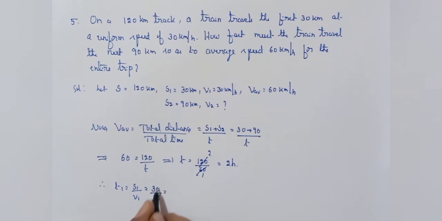So the T1 is 1 hour. Now find out the T2. If you subtract the T1 from the total time, that gives the T2. T minus T1. T is 2 hours and T1 is 1. So T2 is 1 hour.